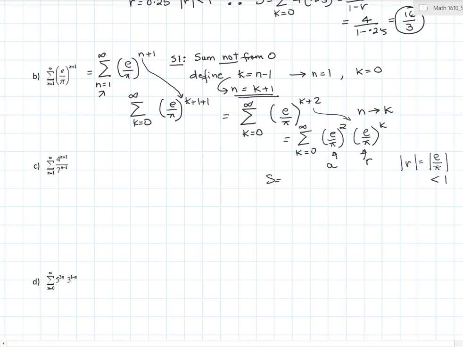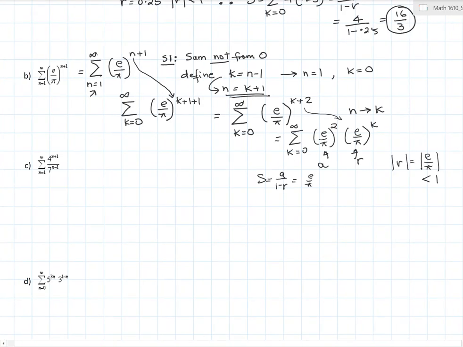So therefore I can find my s, which is a over 1 minus r, which is e over pi squared divided by 1 minus e over pi, and if you do the simple algebra, you're going to get e squared over pi times pi minus e. So this is the sum.